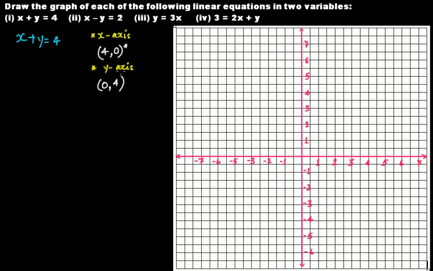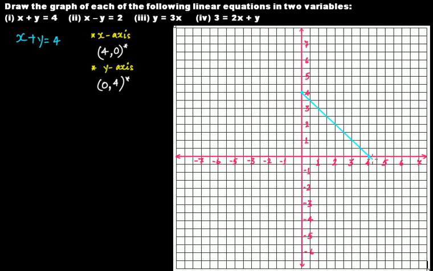So this will tell us what point the line will pass through on the x-axis when your y is equal to 0, and when your x is equal to 0, it will tell you what point the line will pass through on the y-axis. So 4, 0 means this point, and 0, 4 means that point. So we have 2 points, and now we can draw the straight line connecting these 2 points.